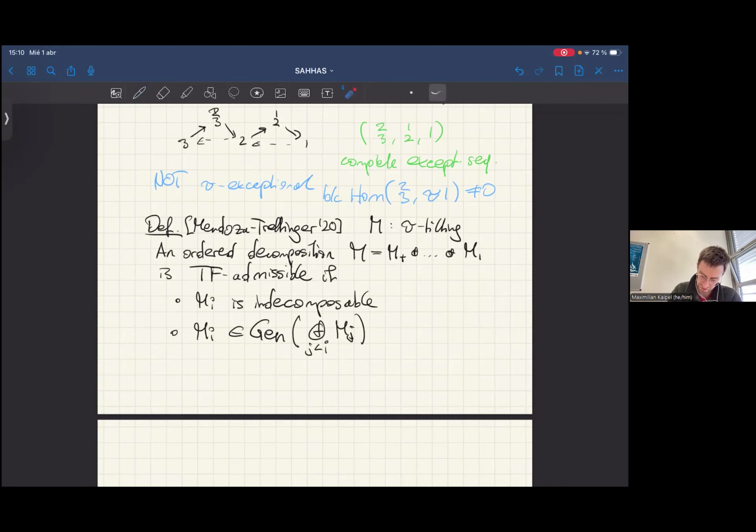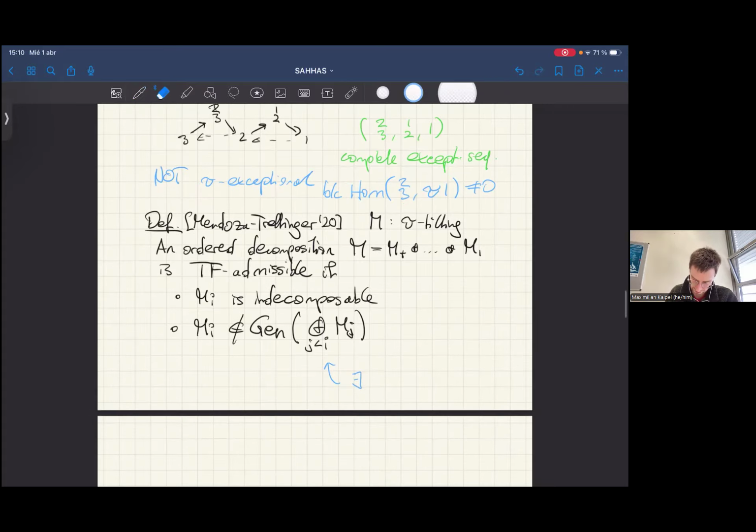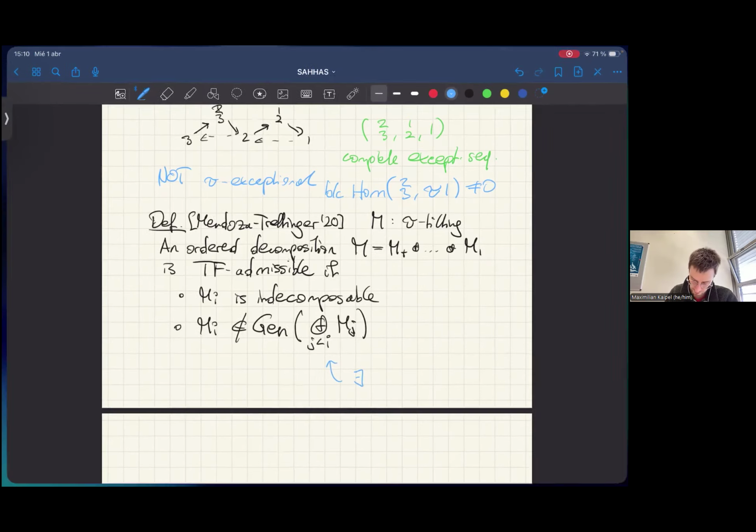So this means that the module on the left is not a quotient module of any sum of the modules on the right. So this class of objects, this is the point. This is like saying that there would exist some, what is happening?